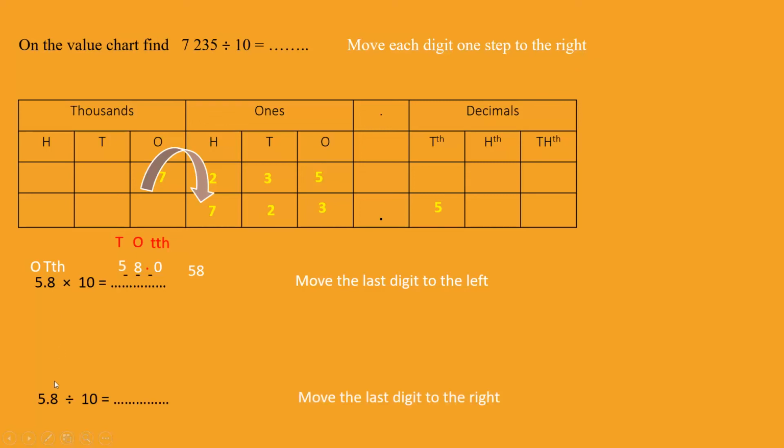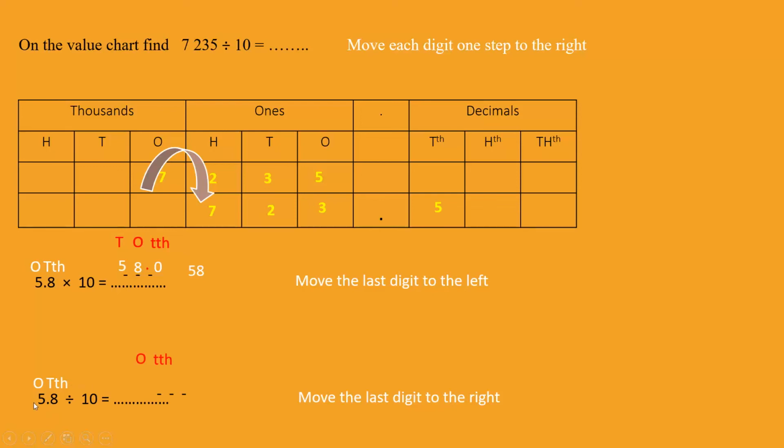If we have 5.8 divided by 10, we know that in divide, we will move to the right. As we said before, write the places. Here we will write ones and tenths. So here we will move to the right.